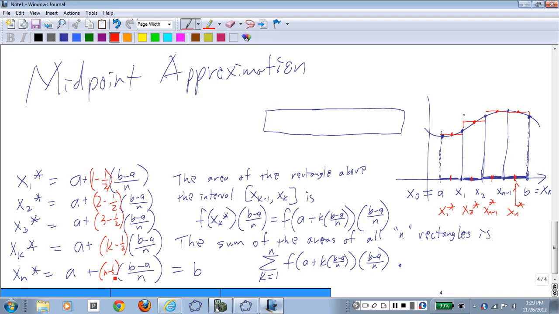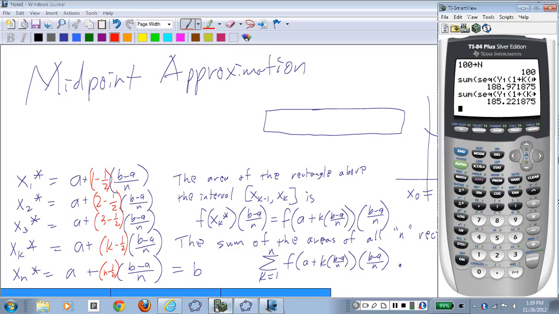But the one that we care about is the k minus 1/2. So if I could go in here, second entry, and change the k to a k minus 1/2 right there, change that 1 to a 1/2, this should give us the midpoint approximation.